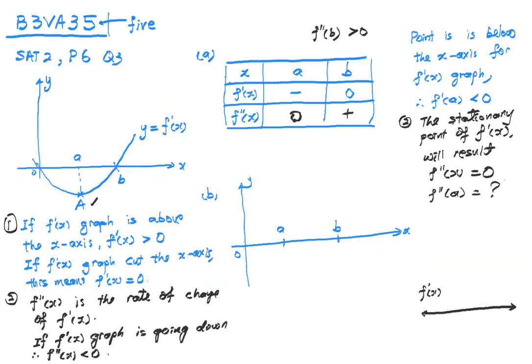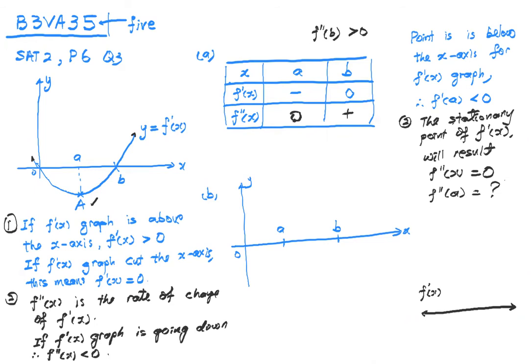Can someone tell me which 2 points must I mark on the line? Okay, someone have told me already. I just randomly pick. Liang Yi. 0 and B. Yeah, thank you.